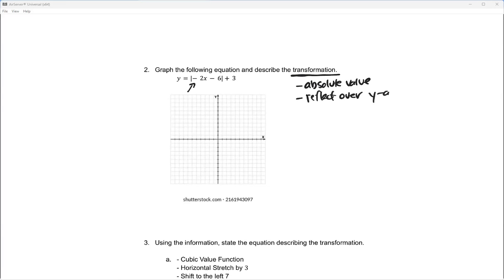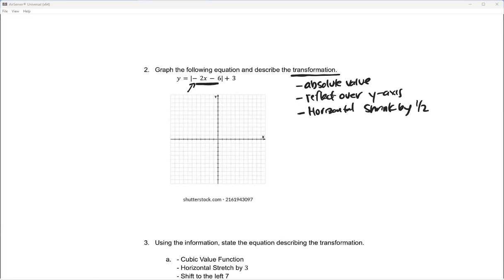Y-axis. Good job. What does a 2 do? It's a what? Horizontal shrink. Good job. By what? 1/2. Good job.